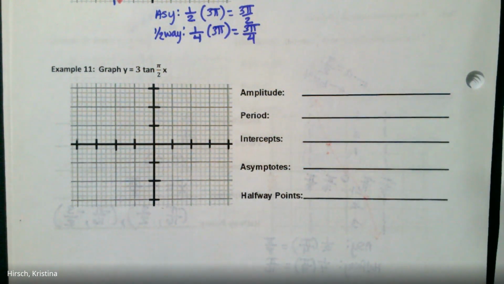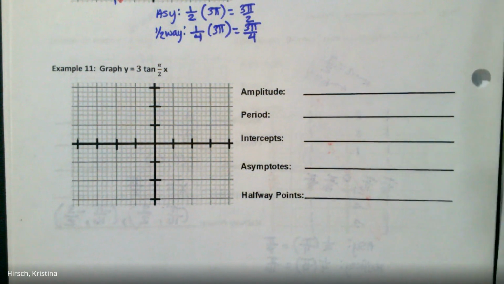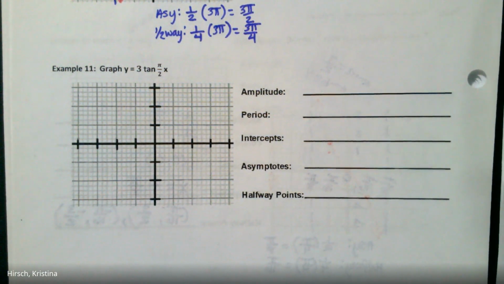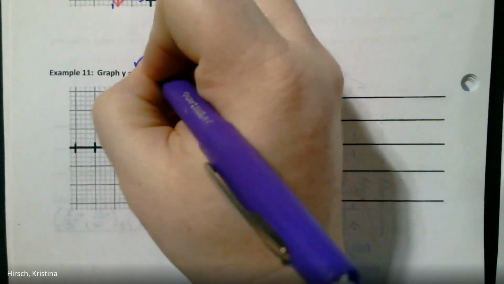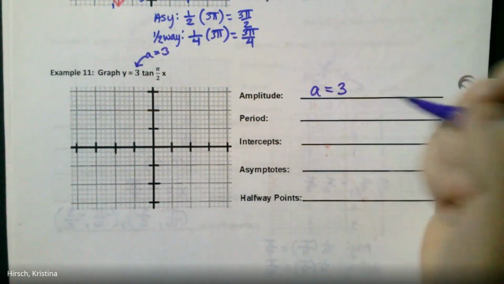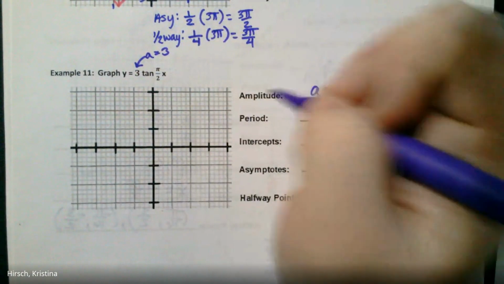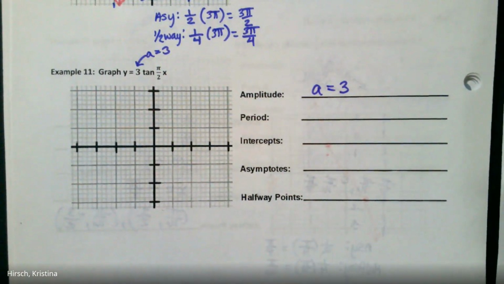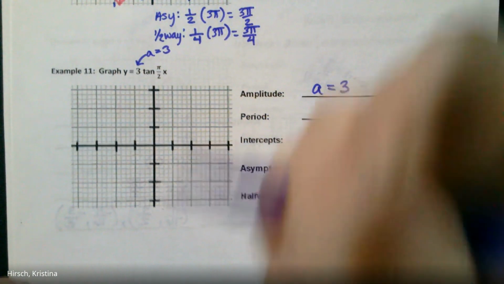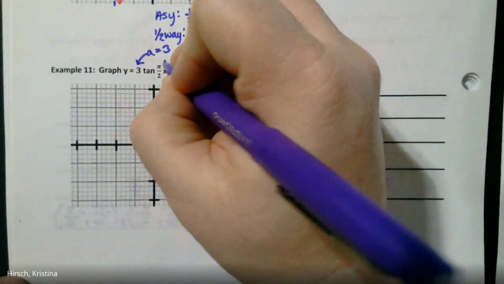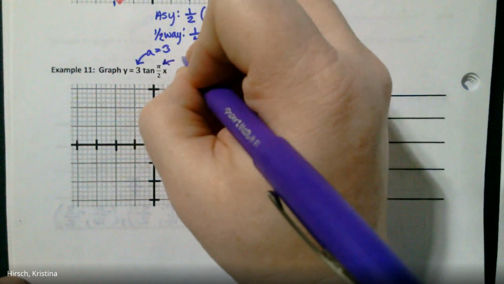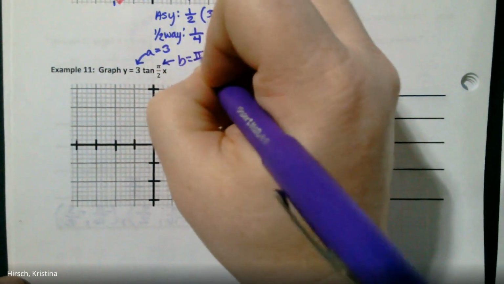All right, so let's go ahead and look at this one together. All right, so the amplitude was 3. All right, which, remember, this isn't a traditional amplitude, so just be mindful of that. We're just using that to help us with our halfway points. All right, and then our period is going to be pi over b, and b in this case is pi over 2.